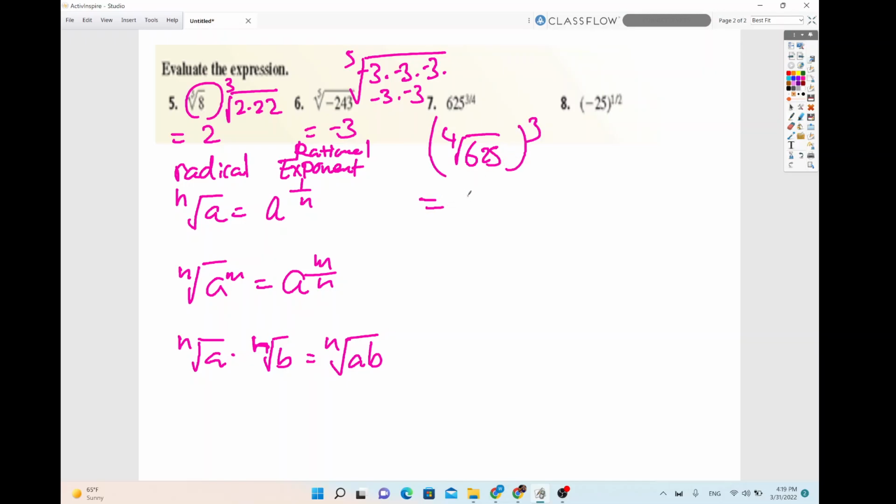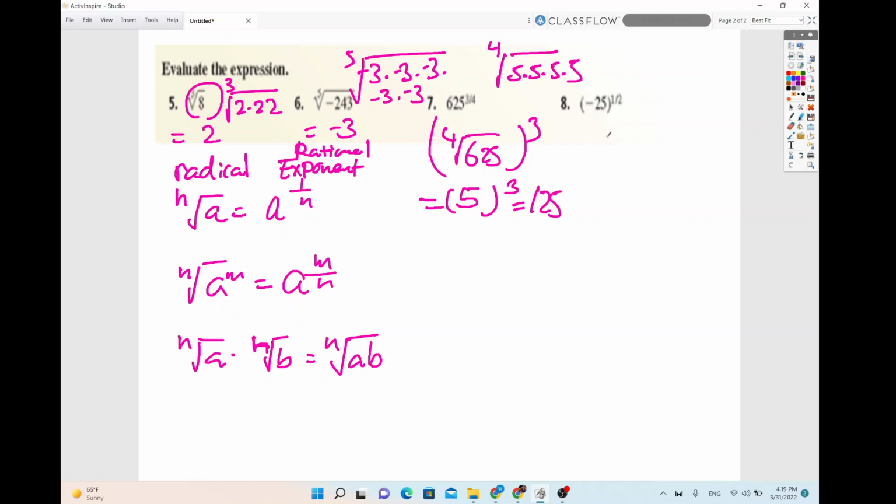One thing we know is the 4th root of 625 is 5, because 5 times 5 is 25, and 25 times 25 is 625. So 625 consists of four 5s: 1, 2, 3, 4. Once you take the 4th root of 625, it's 5. So it's 5 to the power of 3, which is 5 times 5 times 5, so that'll be 125.